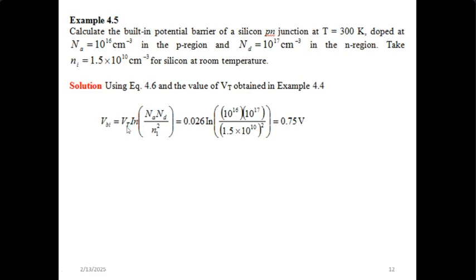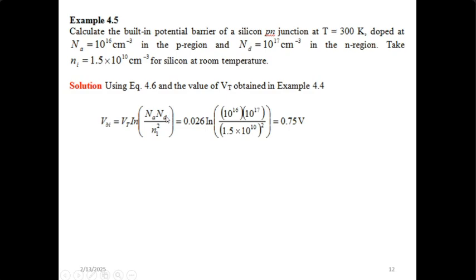So we come and substitute. We know V_T, or the thermal voltage, is 26 times 10 raised to power negative 3 volts. That is the value which we take at room temperature, and room temperature is 300 Kelvin.